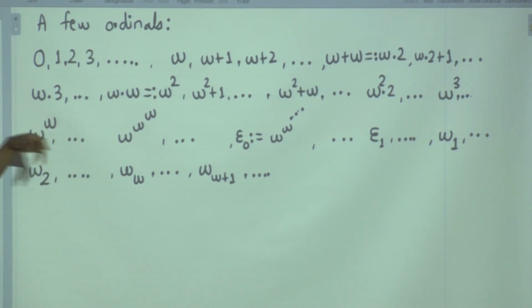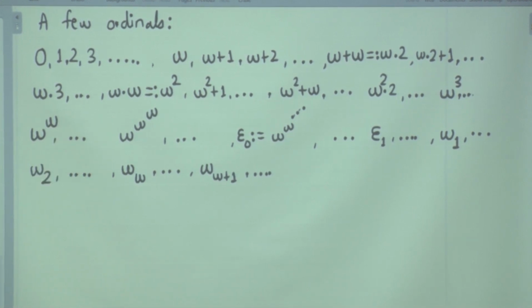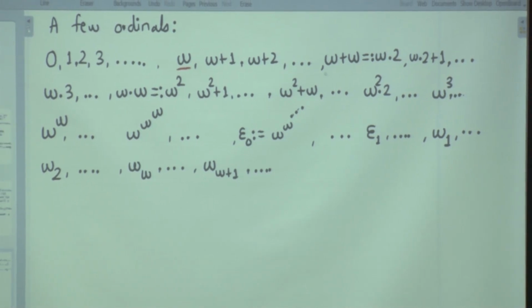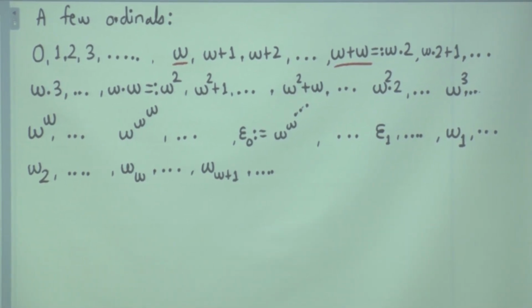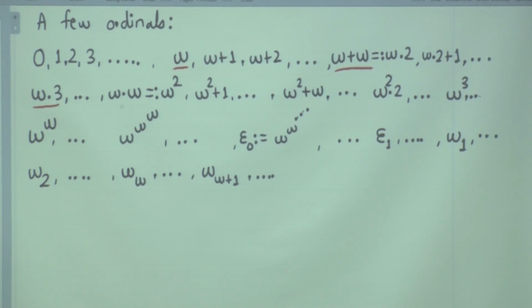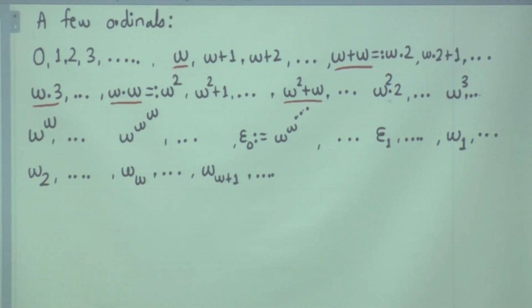Omega plus 1 is again the plus. These jumps are limit ordinals. I have mostly only written limit ordinals in this list afterwards. But the point of this last corollary is that we will never stop. This dot dot dot will actually continue.